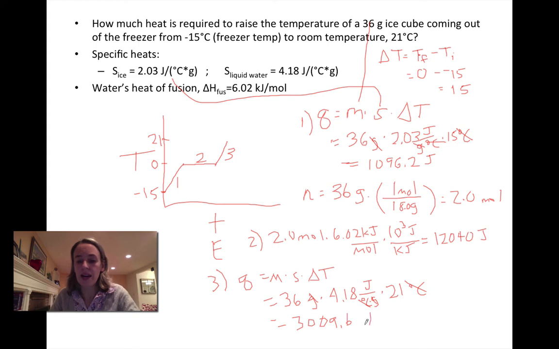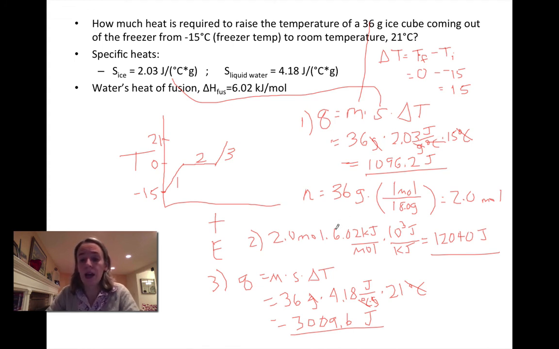So I now have three energies, all expressed in joules, and the total energy of this heating curve of heating ice, melting the ice, and then heating the water is just the sum of those three calculations.